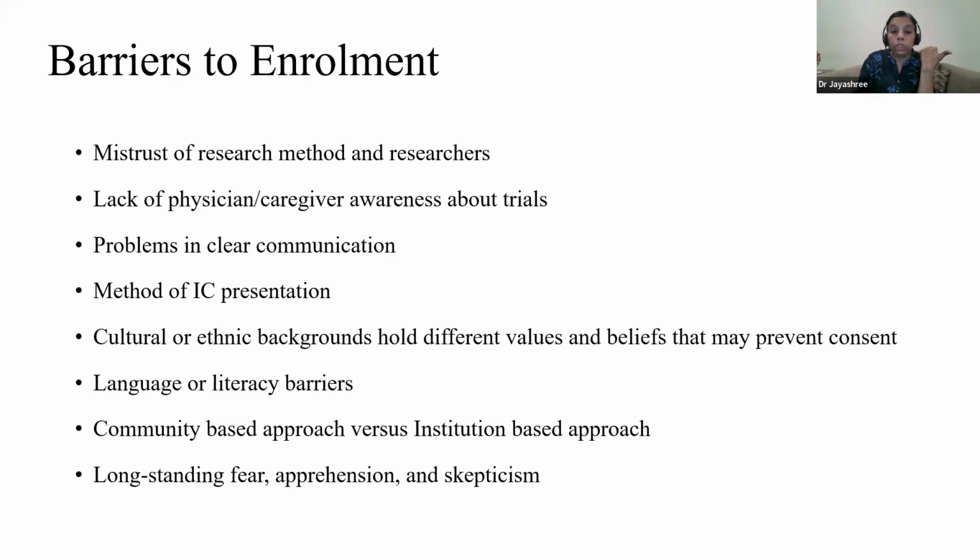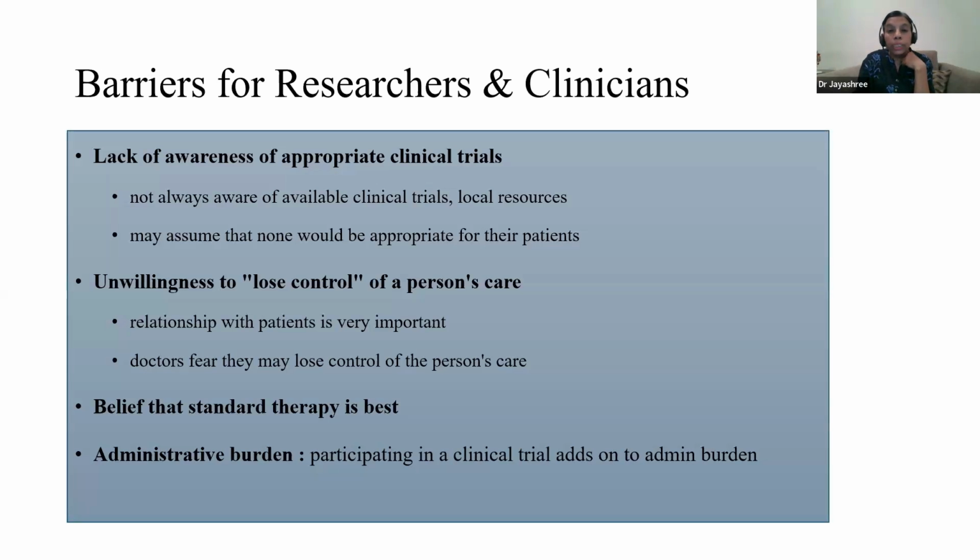Sometimes community-based research versus institution-based research. In institution-based research, it is sometimes easier to get consent as compared to community-based research. And there can be a long-standing fear, apprehension, and skepticism among physicians and among patients, and these may become barriers to enrollment. Researchers and clinicians themselves can have certain apprehensions because of which it becomes a barrier.